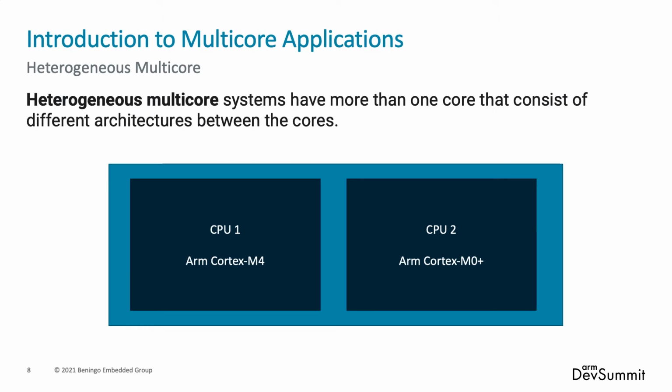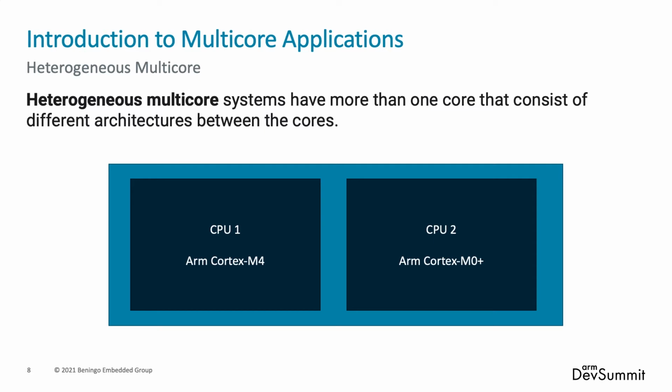Now, there's also, of course, heterogeneous multi-core systems. These still have more than one core, but each core is of a different type of architecture. One of the common architectures that I see out there right now is where you'll have an ARM Cortex-M processor paired with an ARM Cortex-M0 Plus.